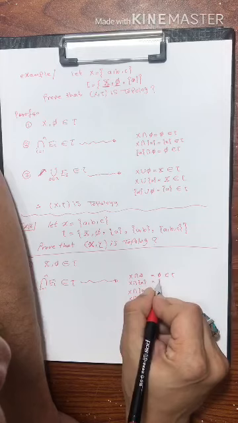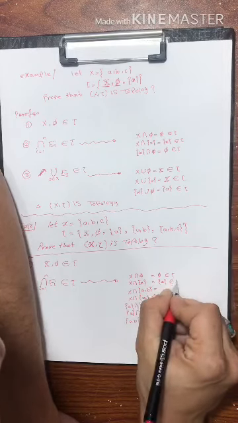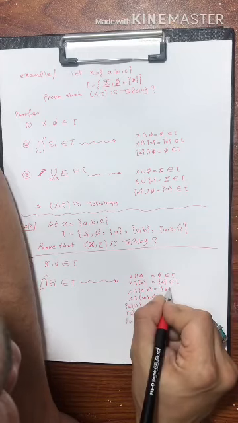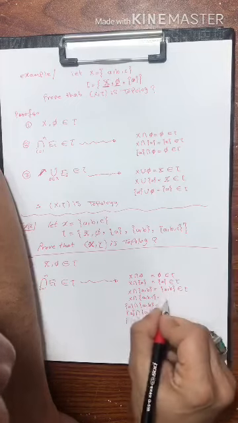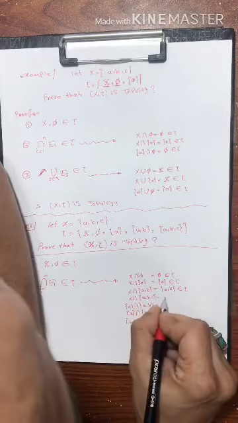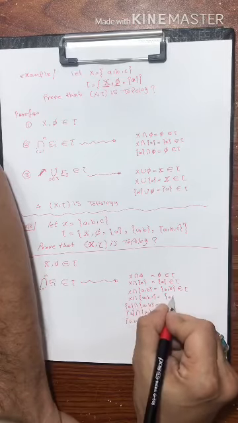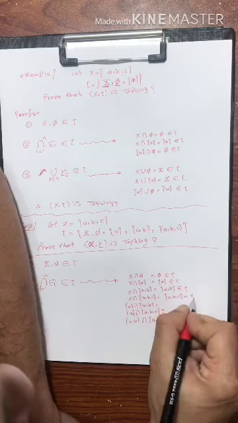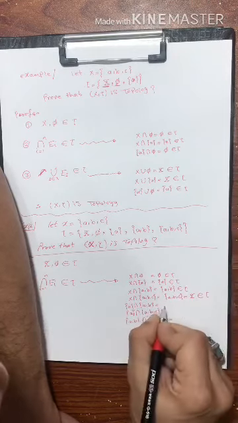Here the result is subset A, and subset A belongs to tau. Here the result is subset AB, and this belongs to tau too. And here we can say subset ABC, or X, and this belongs to tau too.